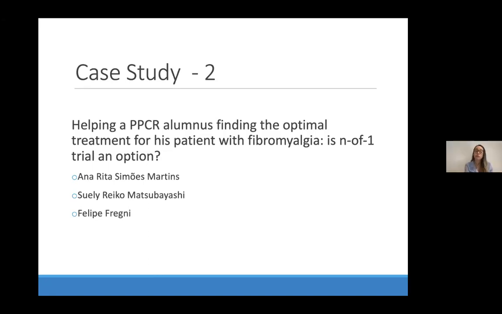Thank you so much for the summary. It was very complete, actually. And as you're saying, the main advantages are patient-directed, right? We always see that patients have different responses to the same treatment.